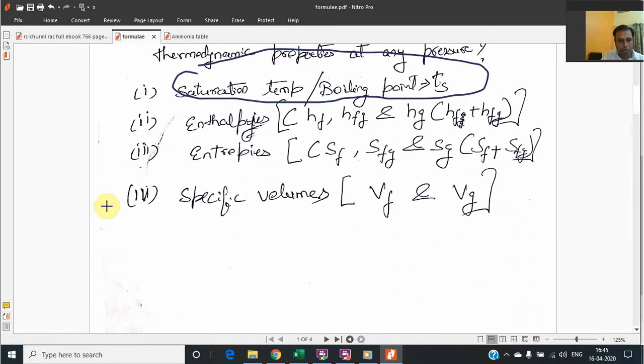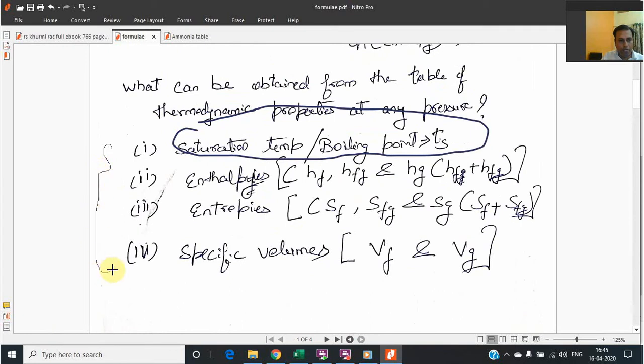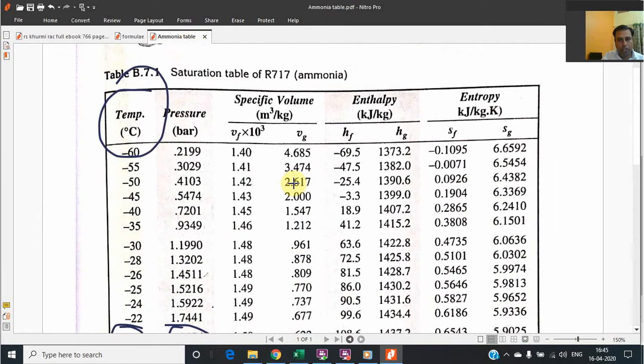The second thing, because total 4 things we can obtain from the table. The second thing we can obtain is enthalpies. What enthalpies are there? It is being shown to you that the 3 types of enthalpy are HF, HFG and HG. In this table they have only shown HF and HG, because we know that HF plus HFG is equal to HG.